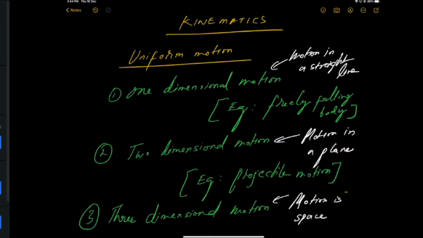So these first two kinds of motion you'll study in detail, and the third is rare. Problems are rare, but anyway, I'll discuss a couple of problems in three-dimensional motion also. Now this is about the space. If you see how the particle is moving in space, we can divide this into three categories.